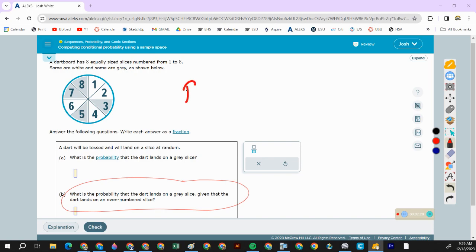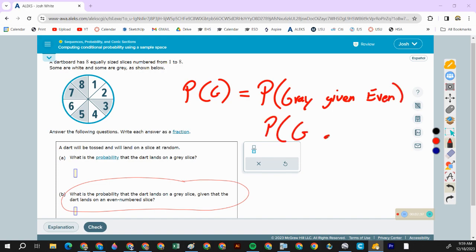So if the probability of gray is equal to the probability of gray given anything else, like even, or the probability of gray given odd, or the probability of gray given the number is greater than 2. If all of those are the same, then we say that they are independent. If they are not the same, then we call them dependent, and it's kind of hard to figure out.